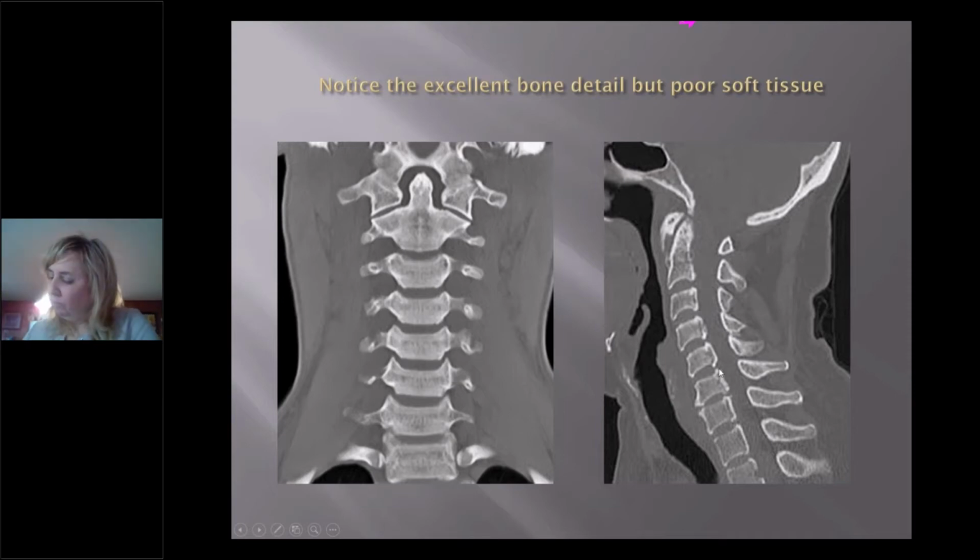I might have clinical reason for it, but a straight CT is not going to show me a herniated disc. And we'll talk about what you do if you can't get an MR and you're worried about that. We'll talk about that in a little bit. But I wanted you guys to see the detail of bone versus the neurologic detail or the soft tissue detail, because it's really a big, big difference when we talk about things from a spine perspective, especially.